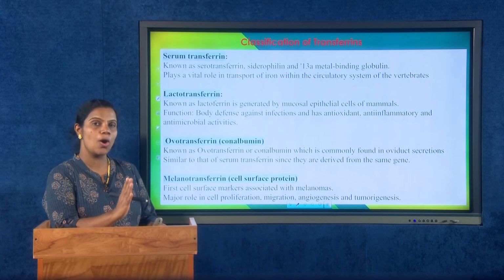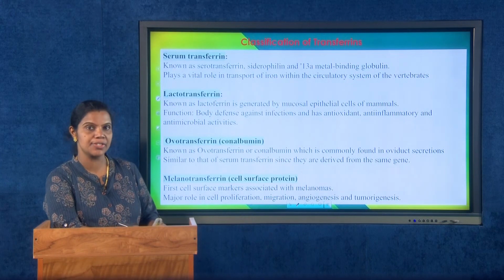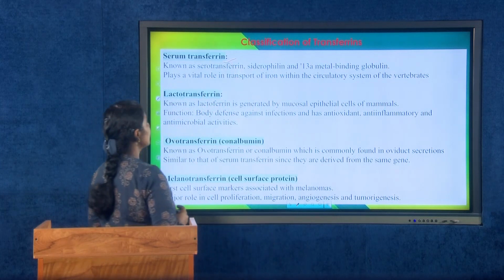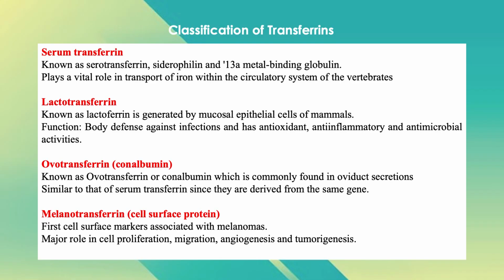We have 4 categories of transferrins. The first one is serum transferrin. Then we have lactotransferrins, ovotransferrins or conalbumin, and finally melanotransferrins. First we will see serum transferrins.